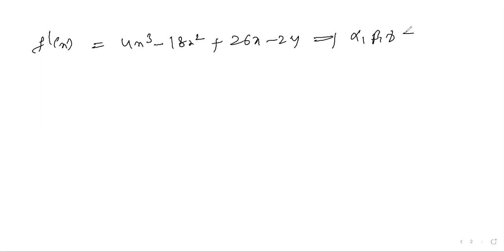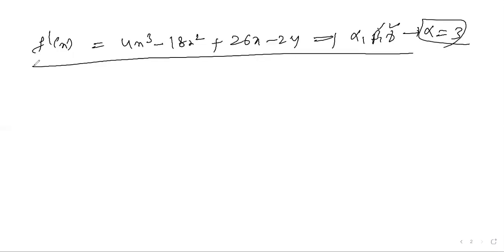F dash of x is 4x cube plus 18x square plus 26x minus 24. For this we have 3 roots, alpha, beta, gamma. In that, alpha you got 3. Beta, gamma you can find.